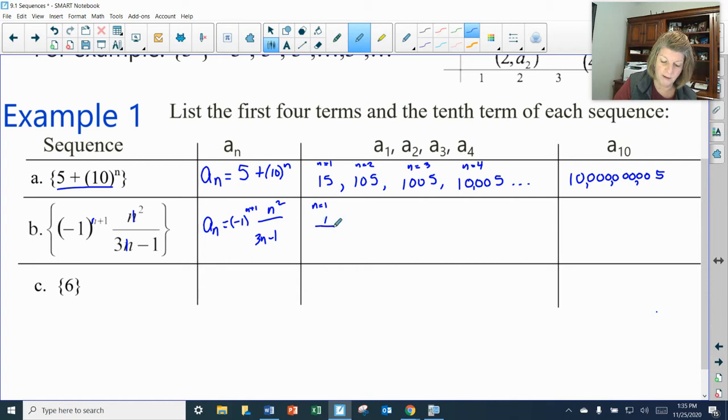I'm going to have a 1 over 3 minus 1, 1/2. My next term of the sequence, put in 2. So 2 plus 1 is 3. This is going to be negative. 2 squared is 4 for numerator. And 2 times 3 is 6. 6 minus 1 is 5, comma.